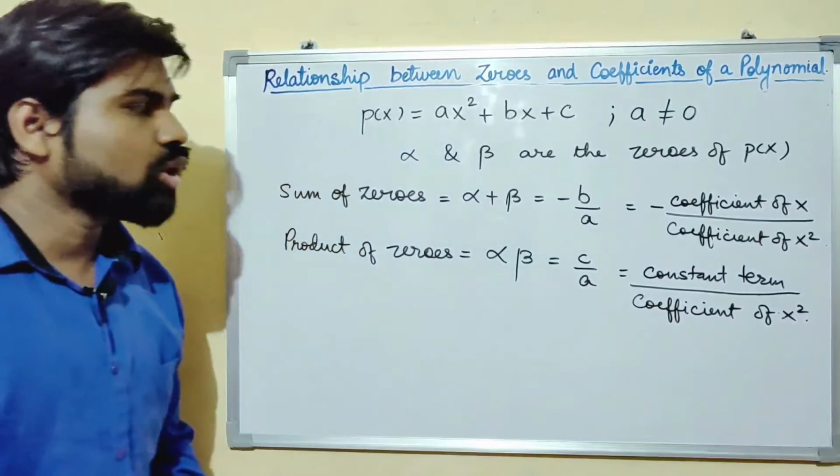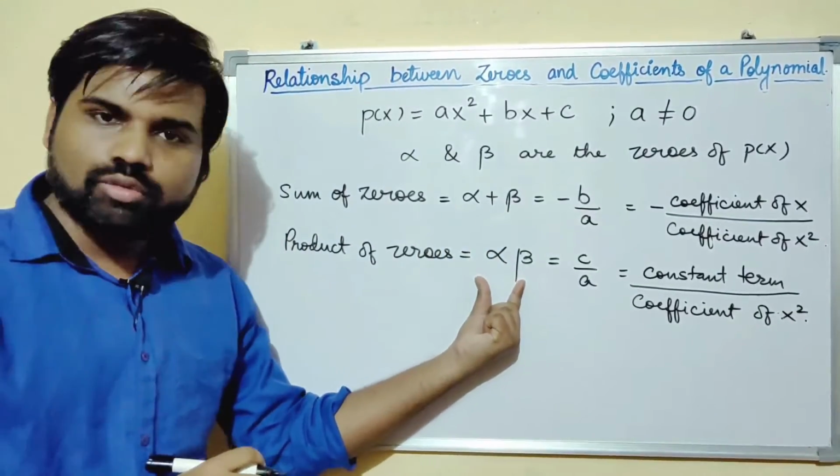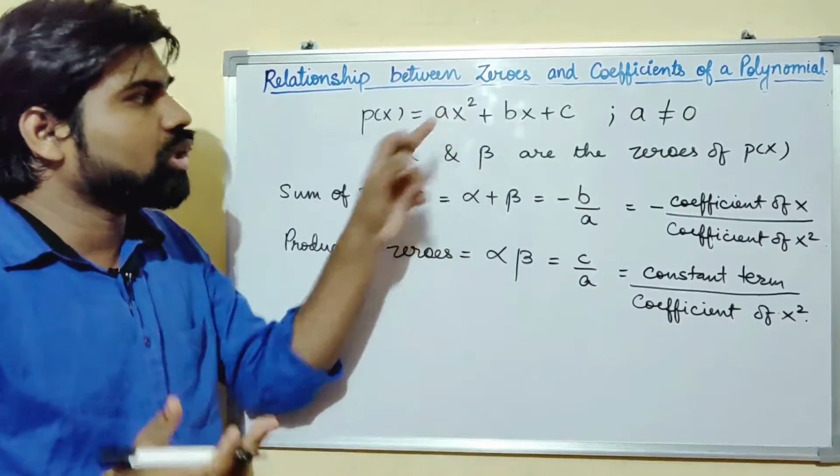Now, suppose you have been given the value of the sum of zeros and the product of zeros, then you can form the polynomial.